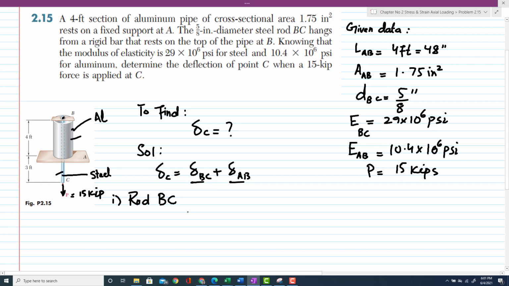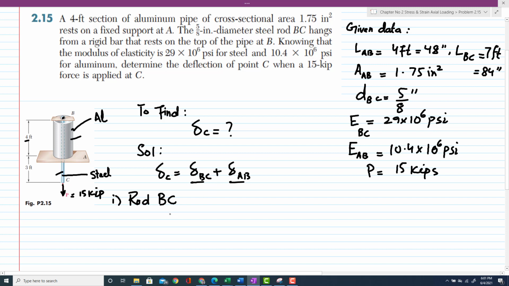For rod BC, the length of BC is also given. The length of BC is 7 foot, that is 3 plus 4, 7 foot, which is equal to 84 inch.